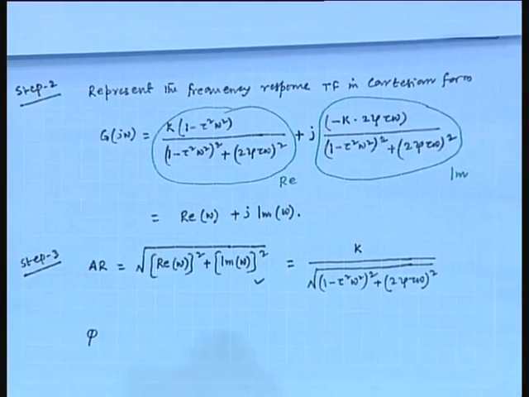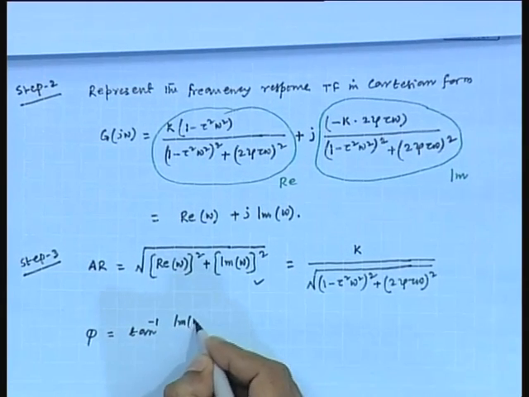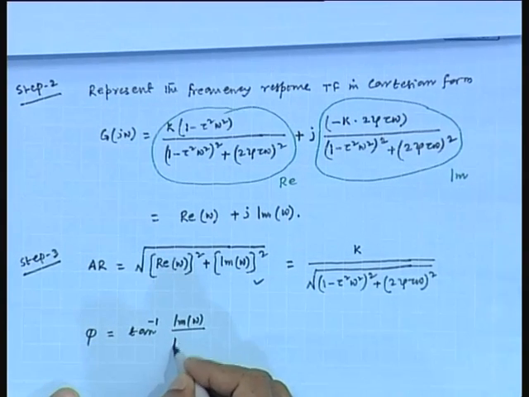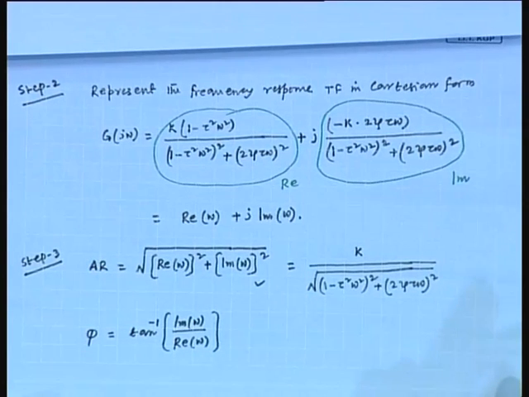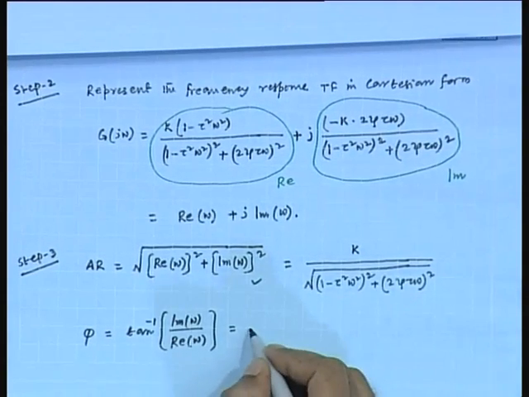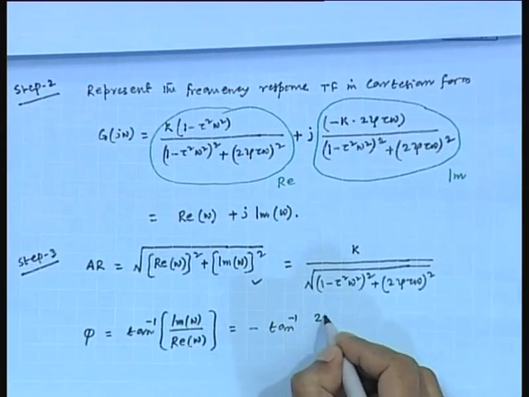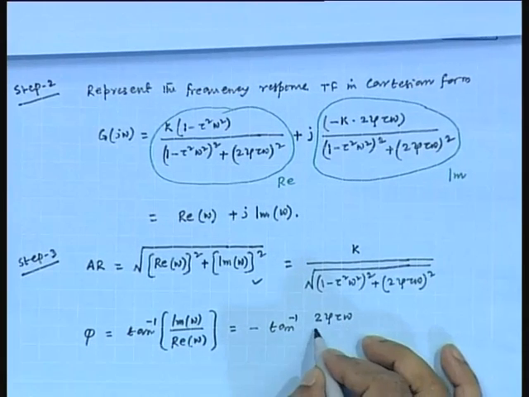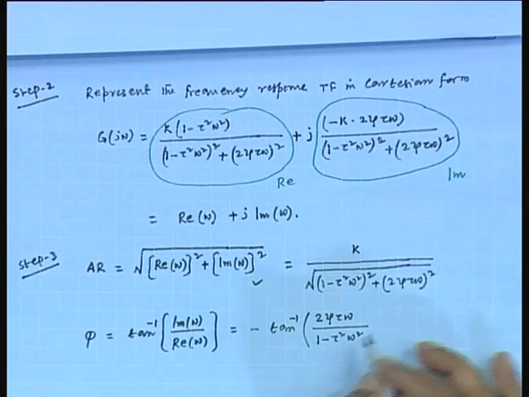Similarly, we can find the phase angle phi using this form. Phase angle phi equals tan inverse imaginary part by real part. Accordingly, we obtain minus tan inverse 2 zeta tau omega divided by 1 minus tau square omega square.